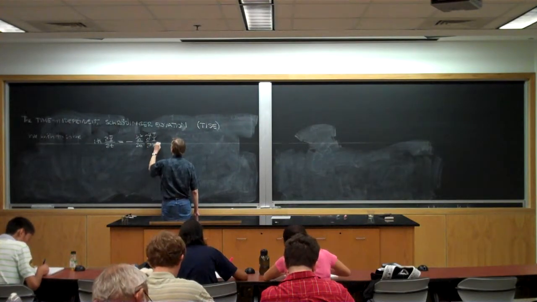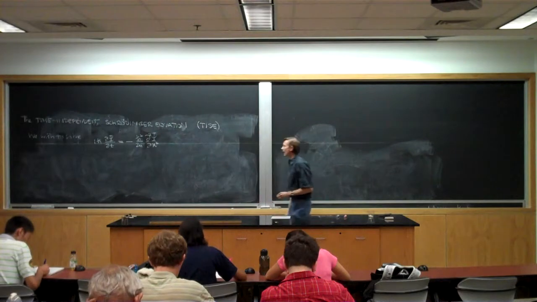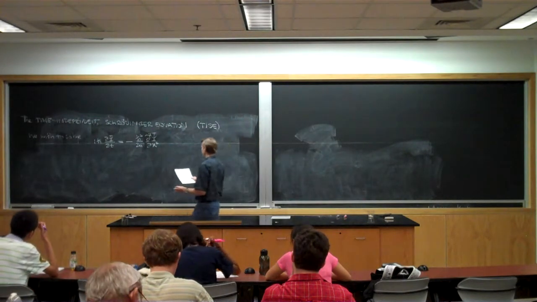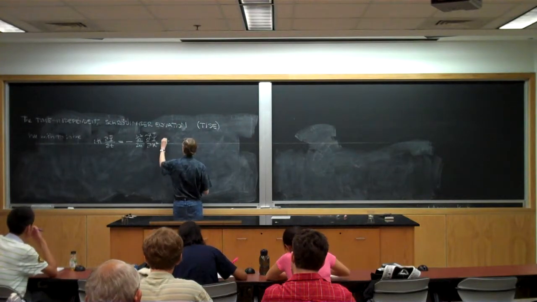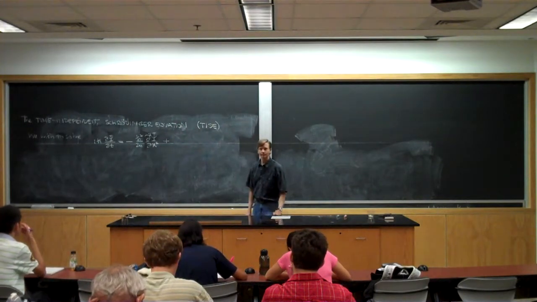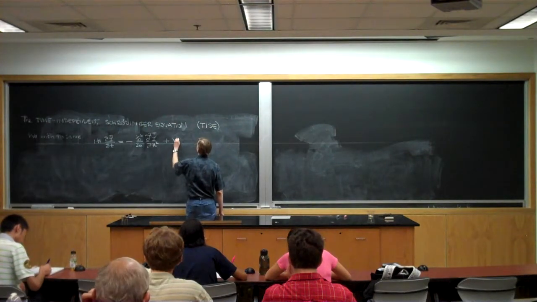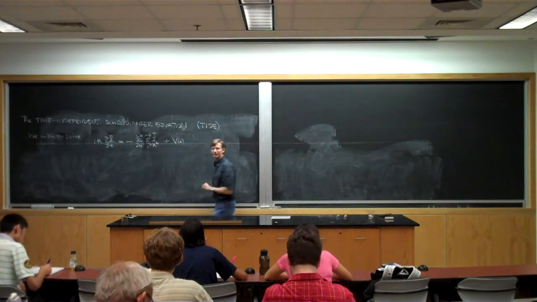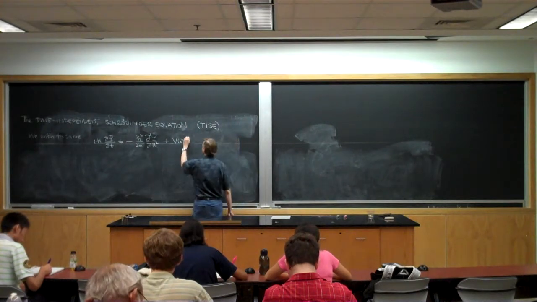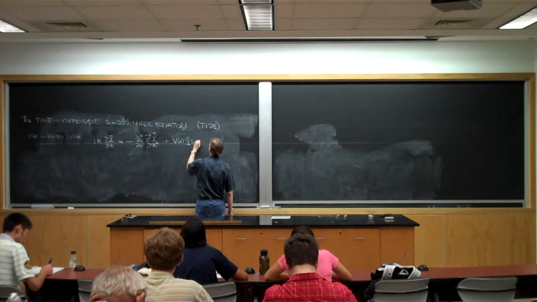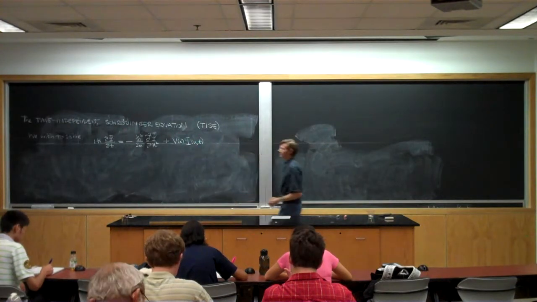I'll capitalize the psi. Second partial derivative of psi with respect to x, so d squared psi dx squared, said sloppily. Plus what else? Times, yeah, we still have psi, and I'll explicitly write psi of x and t there.